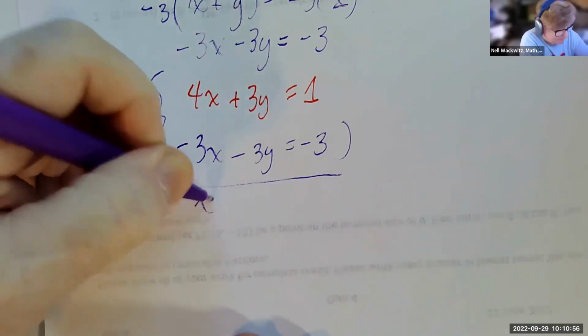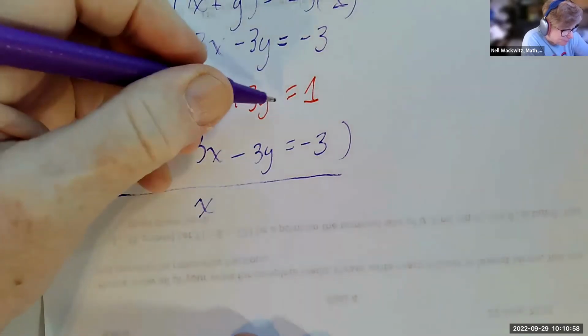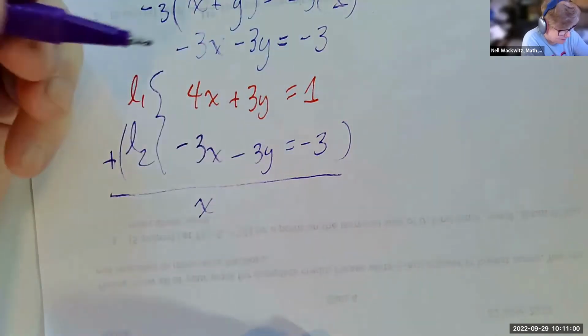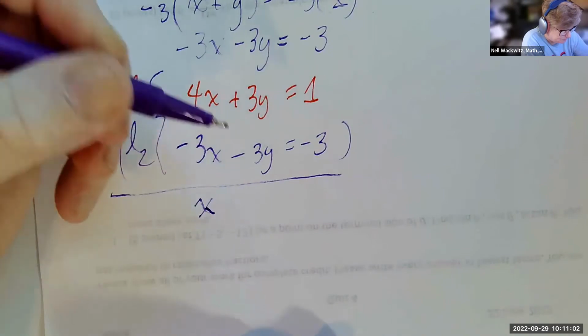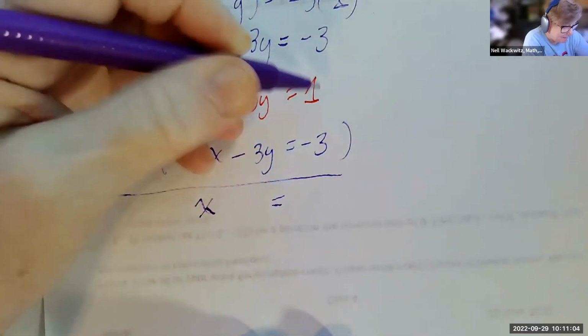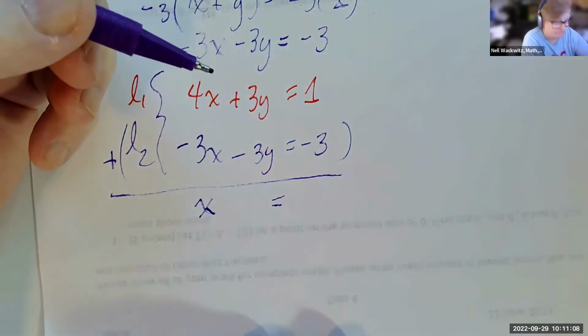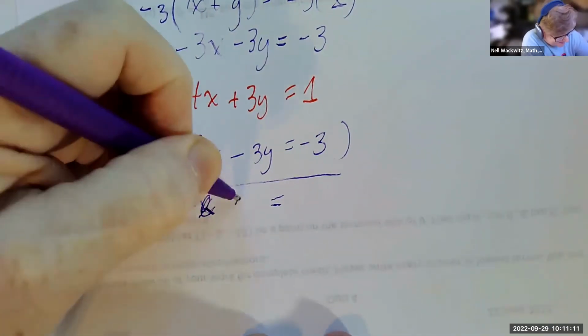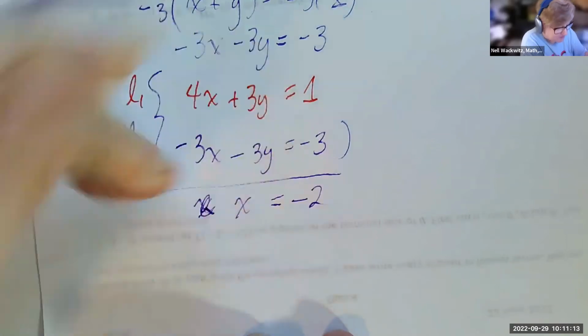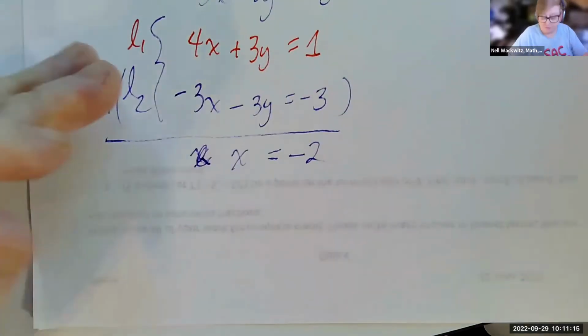Good. And +3y minus 3y, they cancel out. And 1 plus -3 is -2. Yay, thank you. I love hearing more than one voice. So we've got our value for x.